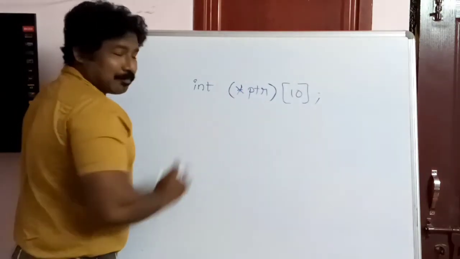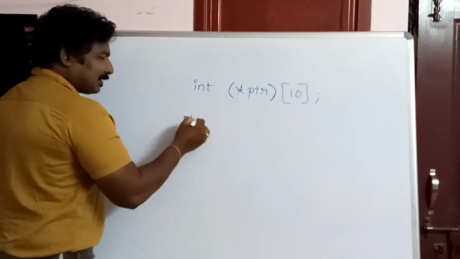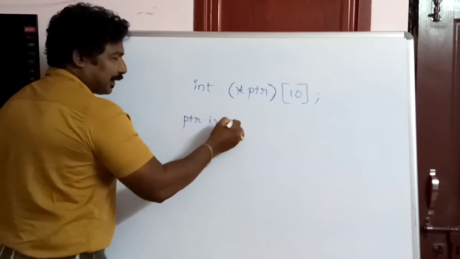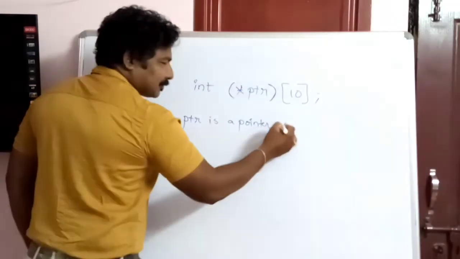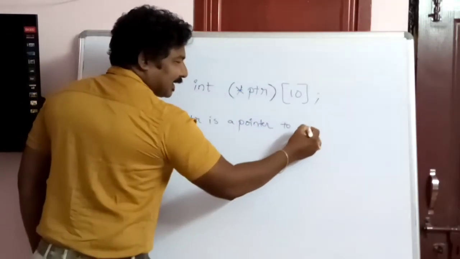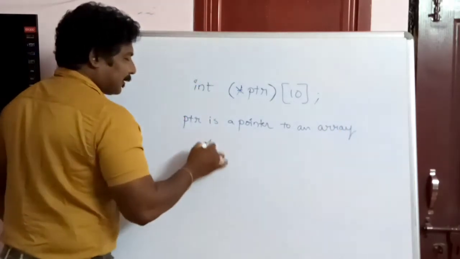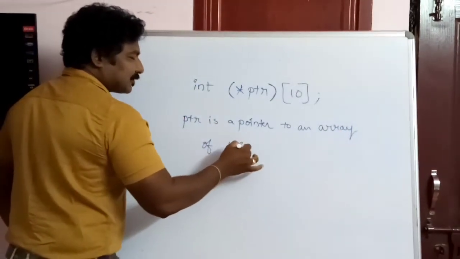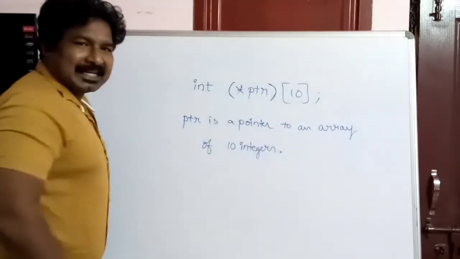Inside a parenthesis, what does it mean? This means ptr is a pointer to an array of 10 integers, an array of 10 integers.